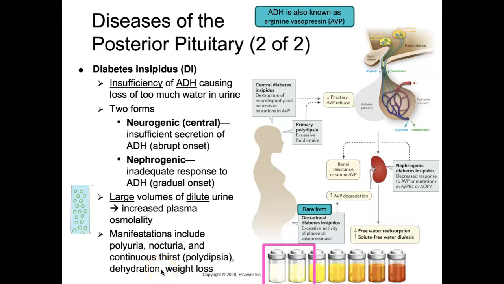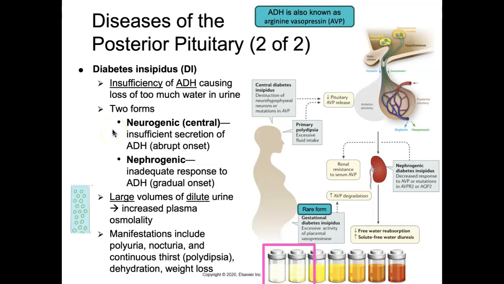So that is a clue that they have DI. And of course, because we're losing so much water, there may be a weight loss associated with that. If we can't conserve as much water as we're losing in the urine, then it may also lead to serum hypernatremia and hyperosmolality.